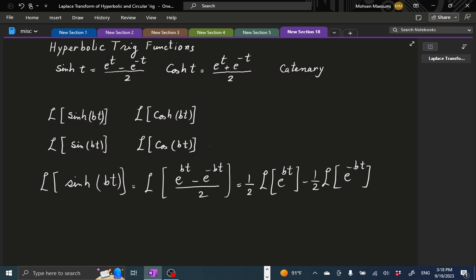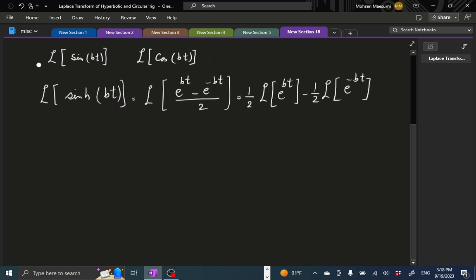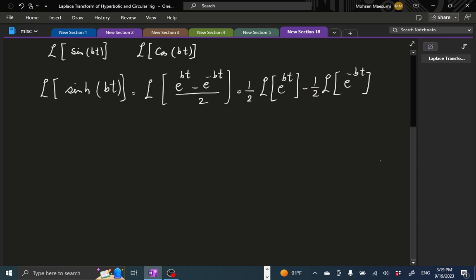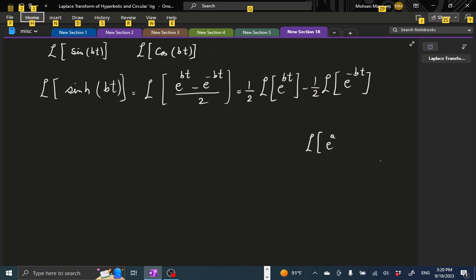Well, you remember last time we derived Laplace transform formulas for exponentials. What was the formula we had last time? We said the Laplace transform of exponential of a multiple of t, we derived the formula to be 1 over s minus a.